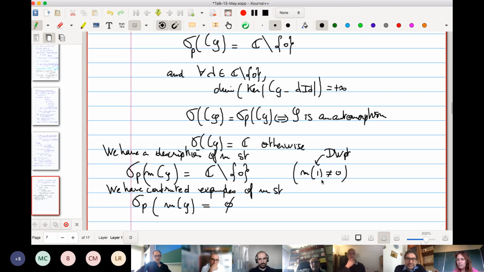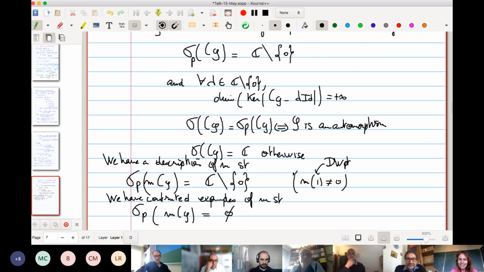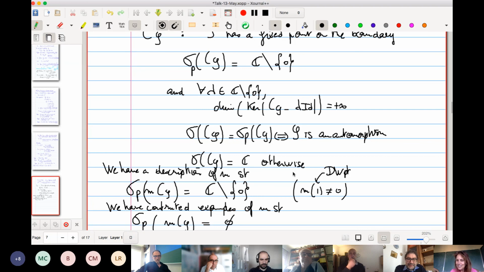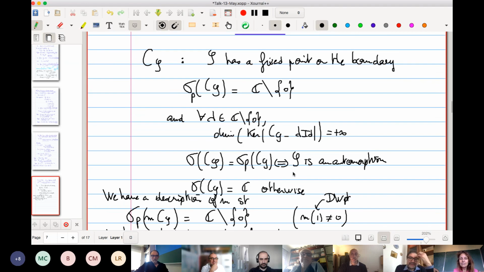That's a very natural condition. So you see, when the Denjoy-Wolff point is on the boundary, the situation is completely different, because without a weight, that's nearly the whole space.